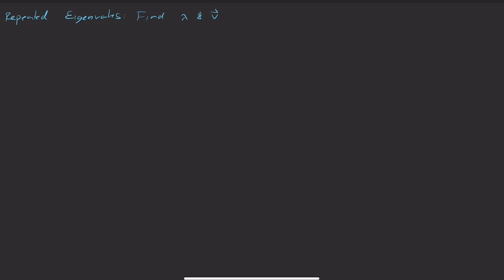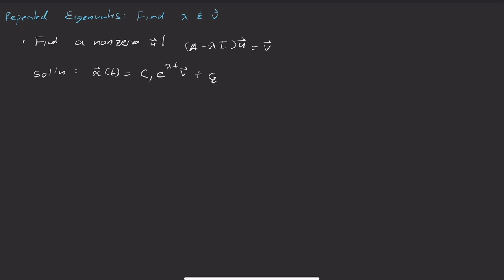To do so, you're going to find a non-zero vector u such that the equation A minus lambda I times u is equal to your vector v. From this, your solution will be given by x vector of t is equal to c1 e to the lambda t v plus c2 e to the lambda t times vector v plus u.